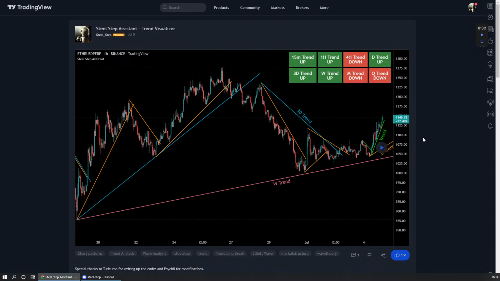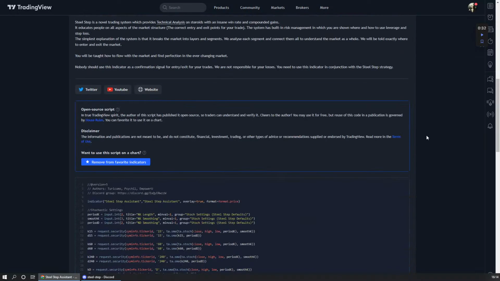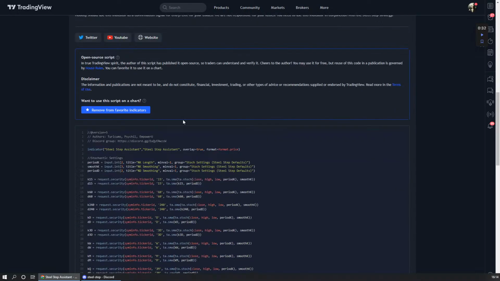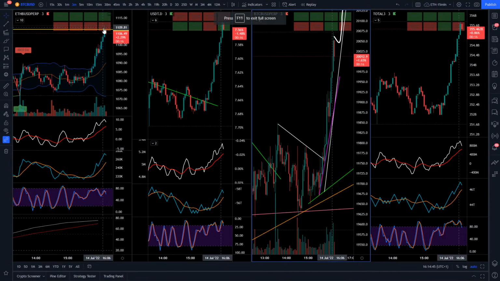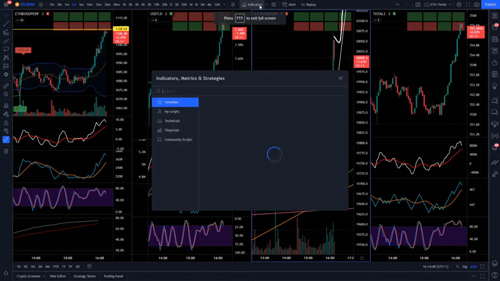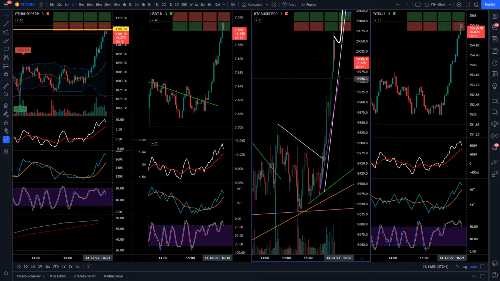If you click on it, then this will appear, and then you can put this as your favorite. And after that, you can find this from your indicator favorite. Okay, it's called Still Step Assistant.